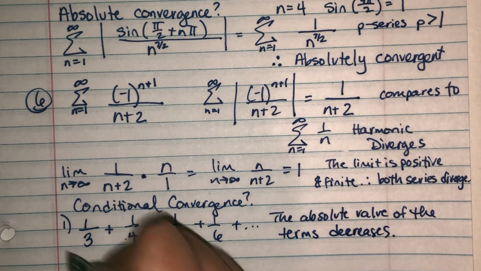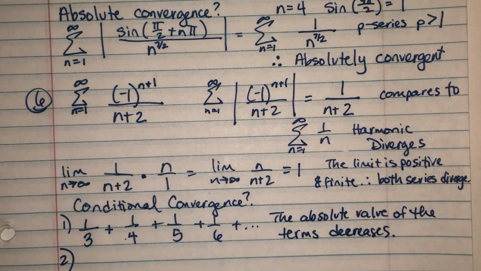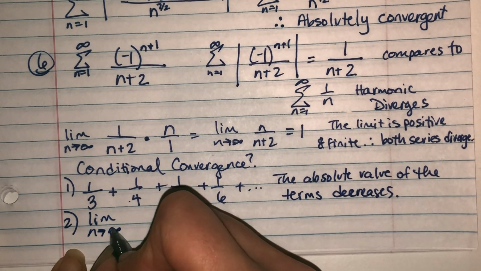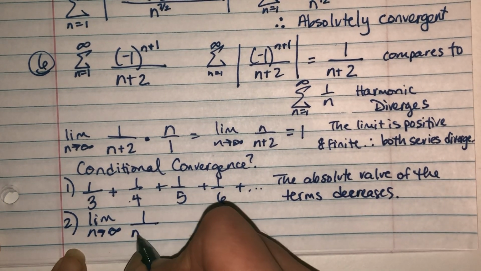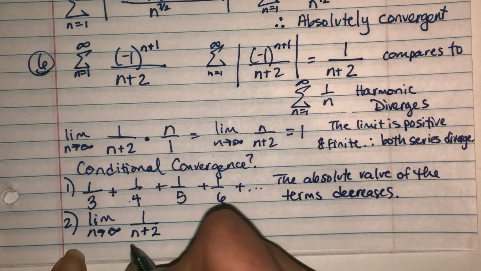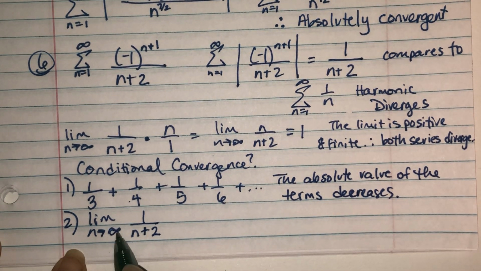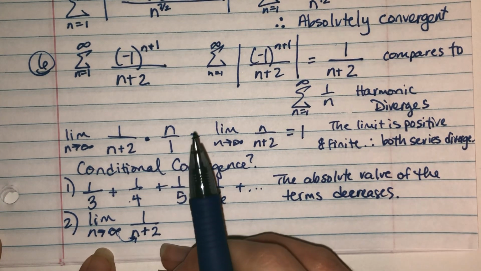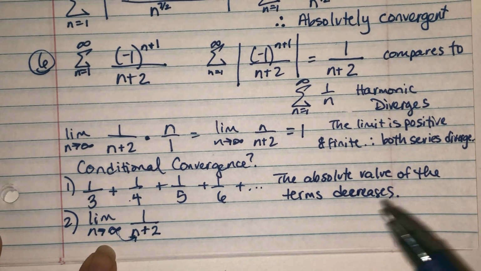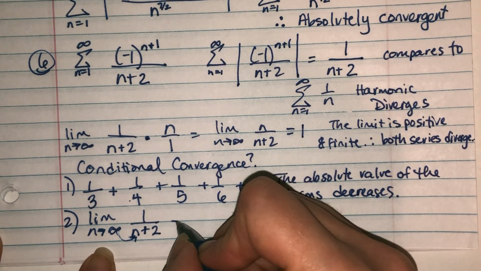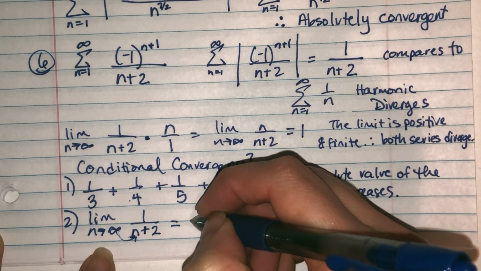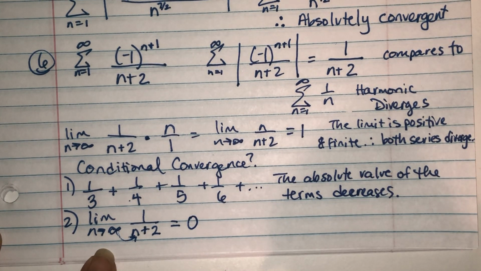Okay, now step 2, we need to check the limit as n approaches infinity of the absolute value series, 1 over n plus 2. So as n goes to infinity, it gets larger and larger. The value of the denominator increases and increases, and as the value of the denominator increases with only the constant on top, the overall fraction is approaching 0.